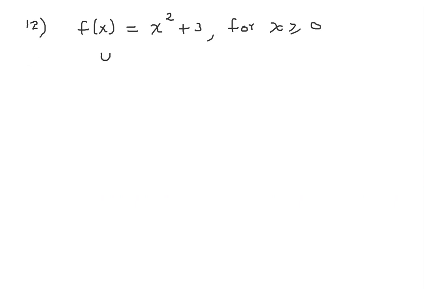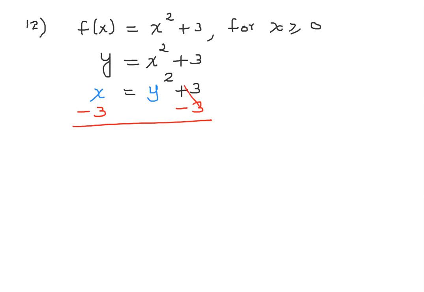We replace f of x by y, and switch the y and the x, or interchange y and x. So this is what we get. Now I have to get the y by itself, so solve for y.